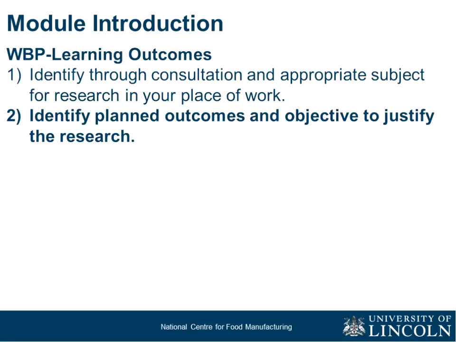We don't just want people to waste their time doing something just for doing's sake. We want people to do things with a purpose, with an objective behind what they are doing. So at the end of this module, you should be able to do that. In any way you can apply this in your place of work, you should be able to identify planned outcomes and objectives to justify any research outcome.